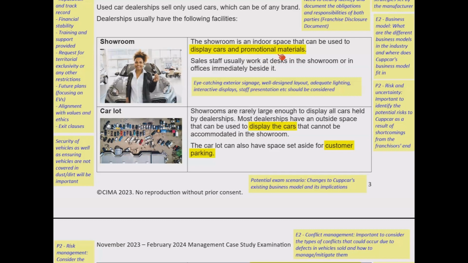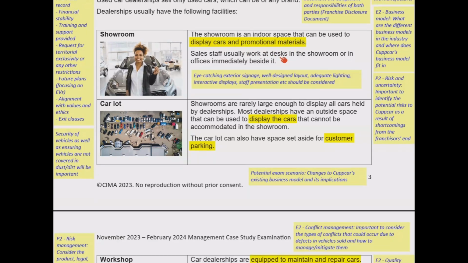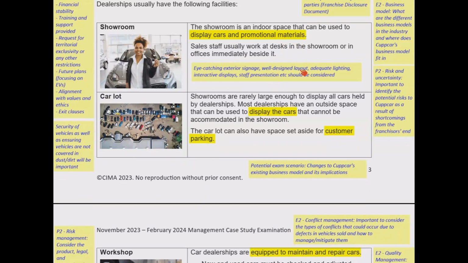And we could start to think about what does Cuppcar do and how does that add value from a perspective of a customer? In these showrooms, there's going to be signage, there's going to be hopefully a good layout, good lighting. And just for a moment, I would just going to mention, I read an article, and I'd encourage you to read any relevant articles that you see about the real world here and real dealerships.